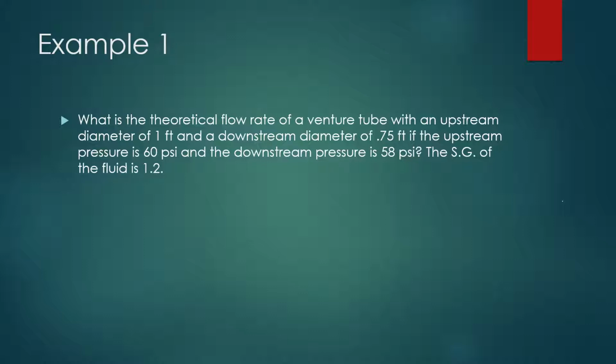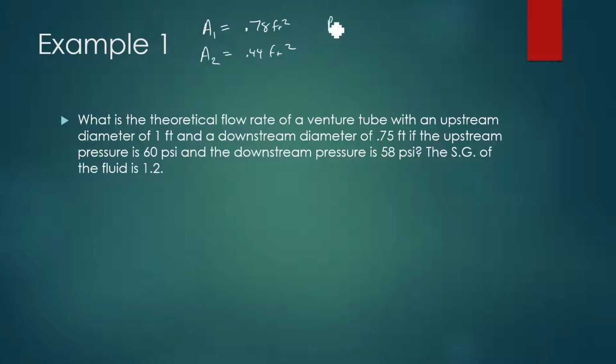So first thing is, what's our area? Area 1 is going to be 0.78 foot squared. Area 2 is going to be 0.44 feet squared. We've done area for a while now. Hopefully you don't need help with that.